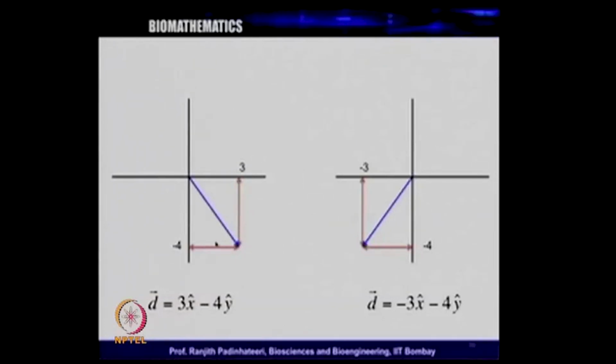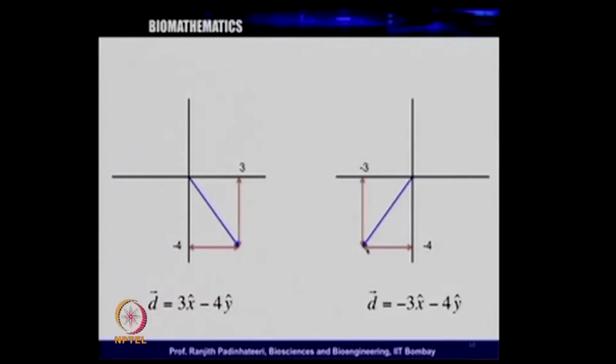So how do you write it? 3x in the increasing direction, and 4 in the decreasing direction of y, so minus 4y. So this point is represented by 3x minus 4y. The minus means that along y you have to go 4 units in the decreasing direction.